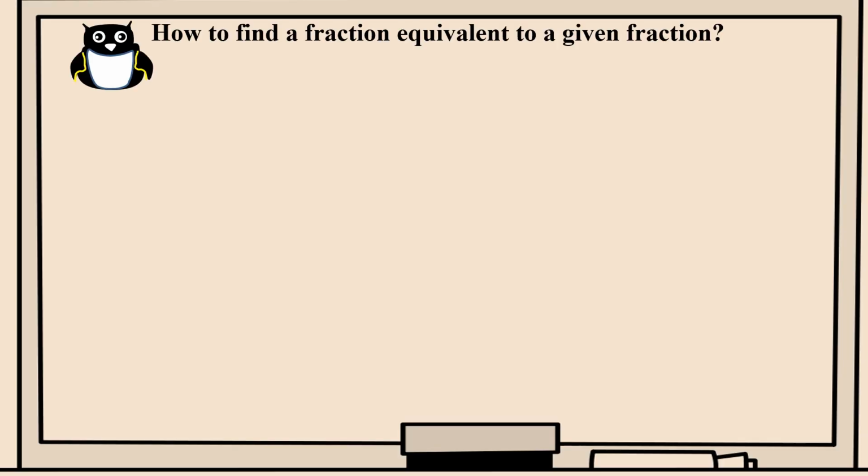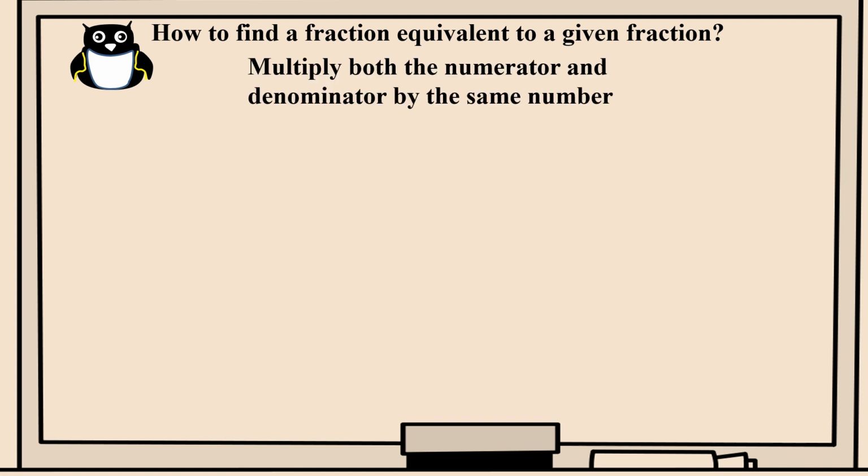Now let's see how to find a fraction equivalent to a given fraction mathematically. Multiply both the numerator and the denominator by the same number to get a fraction equivalent to a given fraction. For that, I'll take up an example, 1 by 5. Here I multiply the numerator 1 by 3 and the denominator 5 also by 3 and I get 3 by 15.